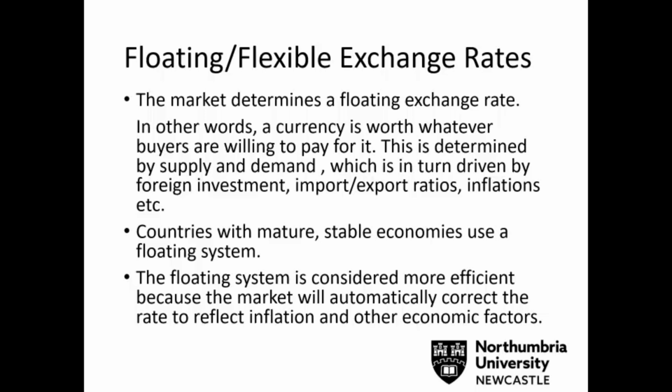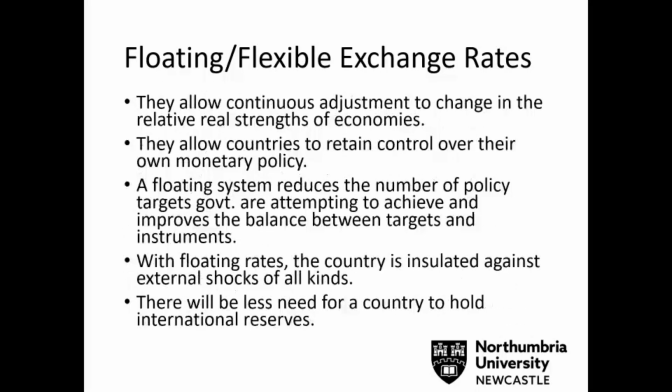In other words, an efficient market or lots of over-the-counter participants will automatically correct the price based on economic factors, supply and demand, and so on. More importantly, this allows individual countries to maintain control of the likes of monetary policy, adjusting interest rates in line with an inflation target, which is unavailable if you have the likes of a pegged rate.